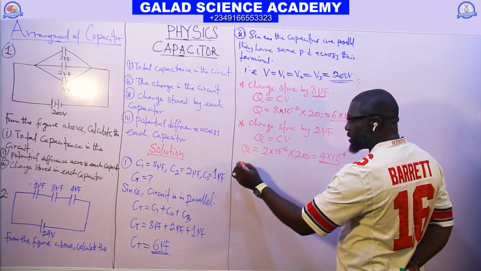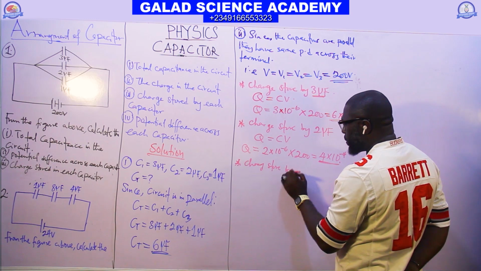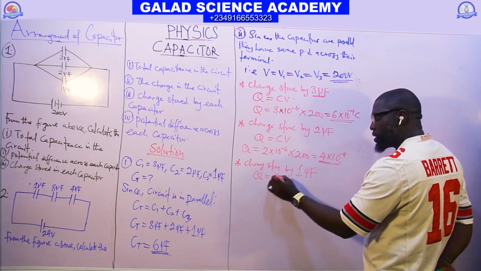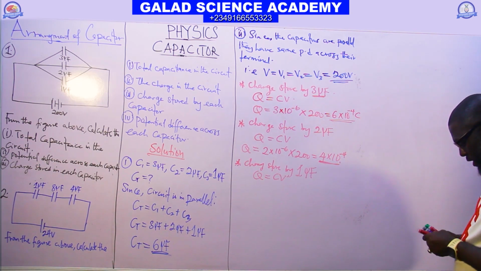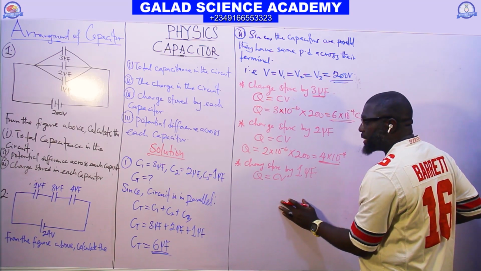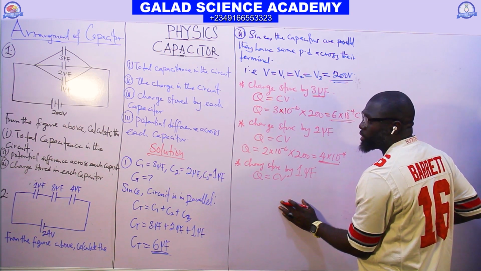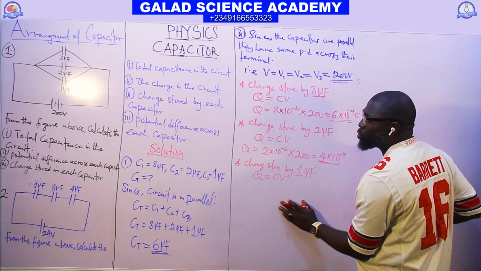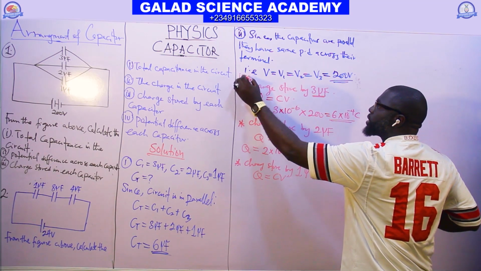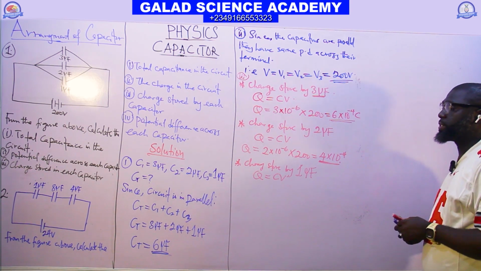The next one is the charge stored by 1 microfarad. Q is CV.